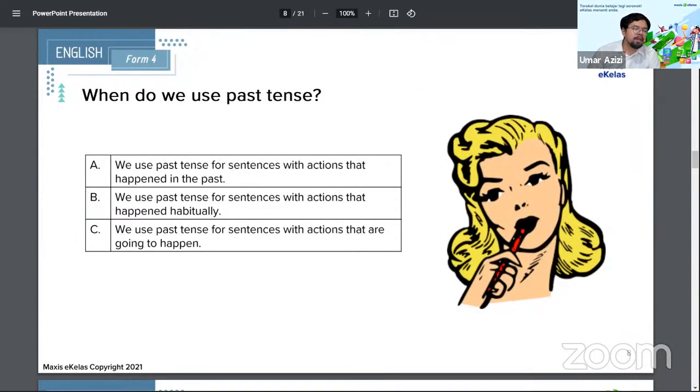Now, when do we use past tense? If present tense talks about things that happen habitually and repeatedly, when do we use past tense? Is it when it happens in the past or actions that are going to happen? I don't think B fits anymore. So is it A or C? What do you think the answer is?